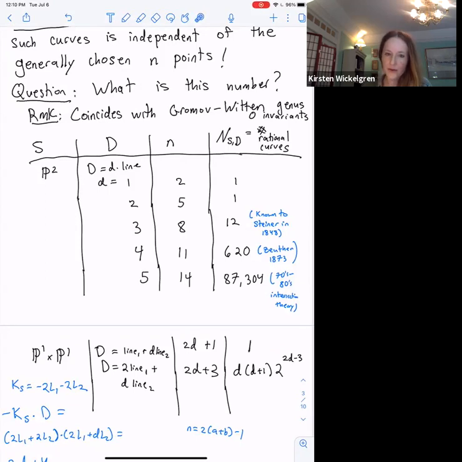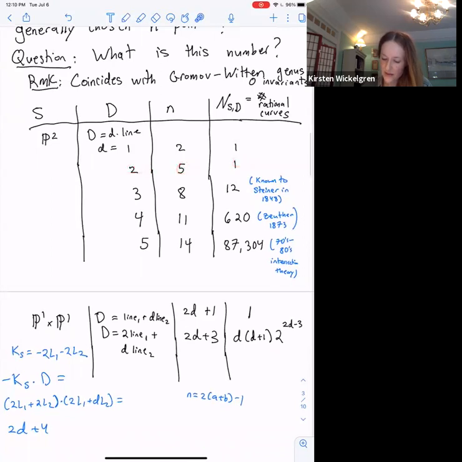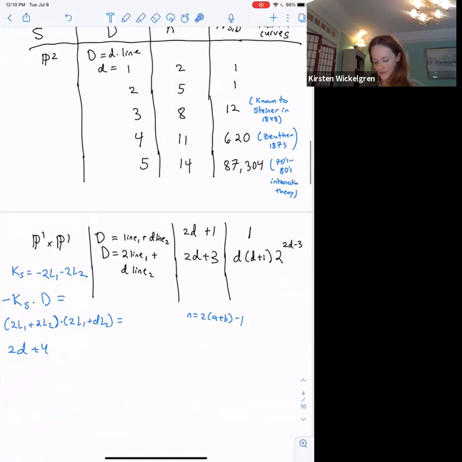Here are some values. For P2, there's one line through any 2 points. There's one conic through any 5. Another classical computation is that there are 12 rational curves of degree 3 through 8 points. For degree 4, we have 620. And for degree 5, we have 87,304.